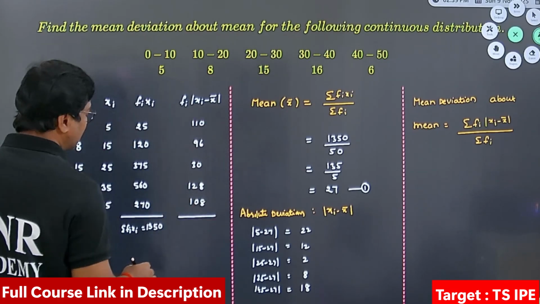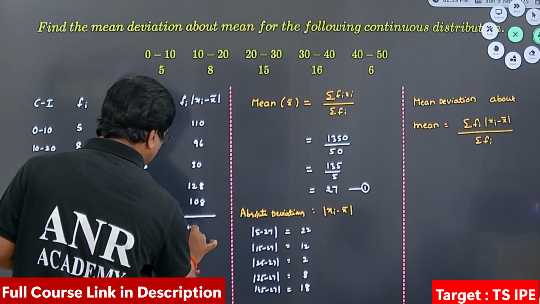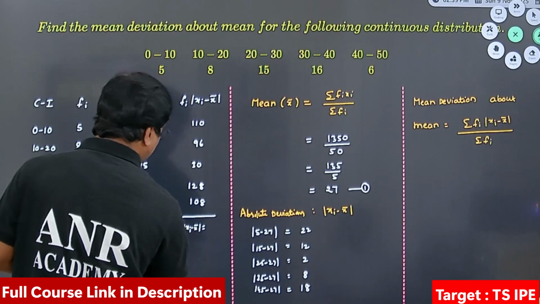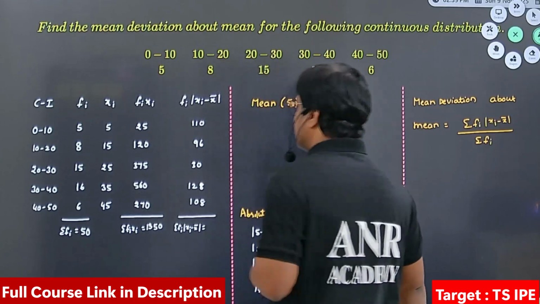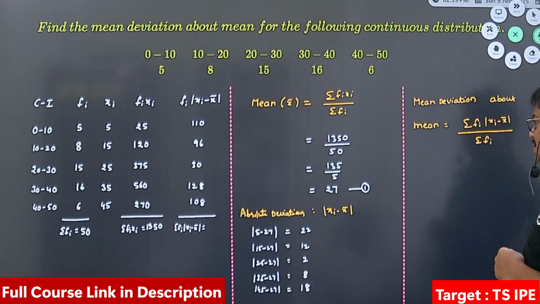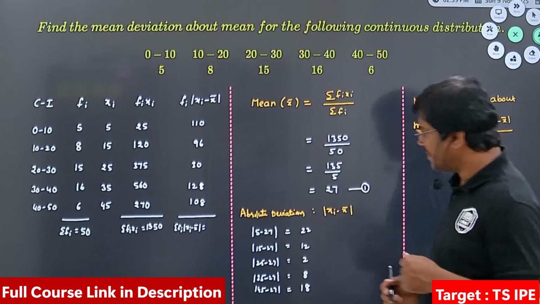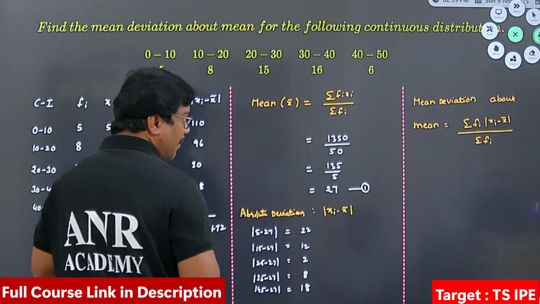Now the sum of all these, summation Fi modulus xi minus x bar, equals 110 plus 96, 206, then 236, next 128, 108, and we get 472 here.